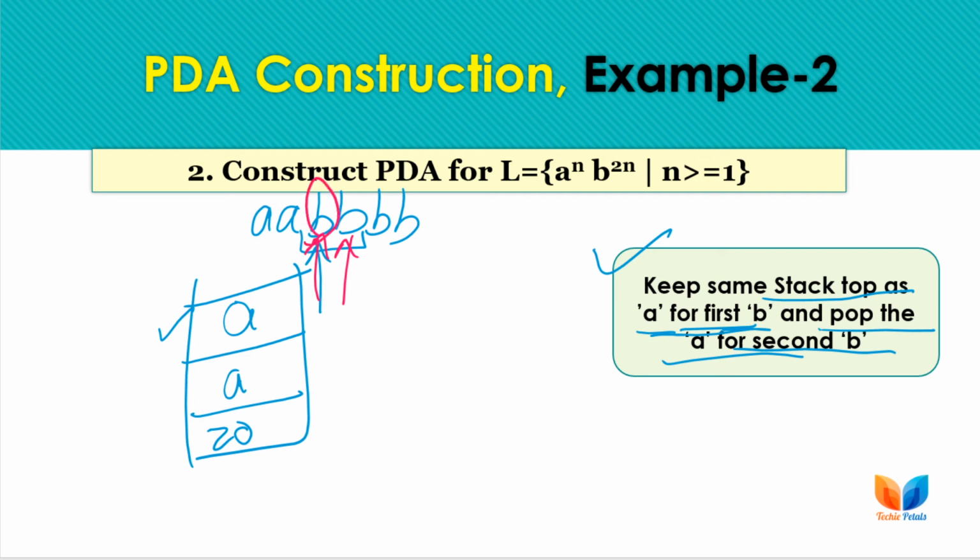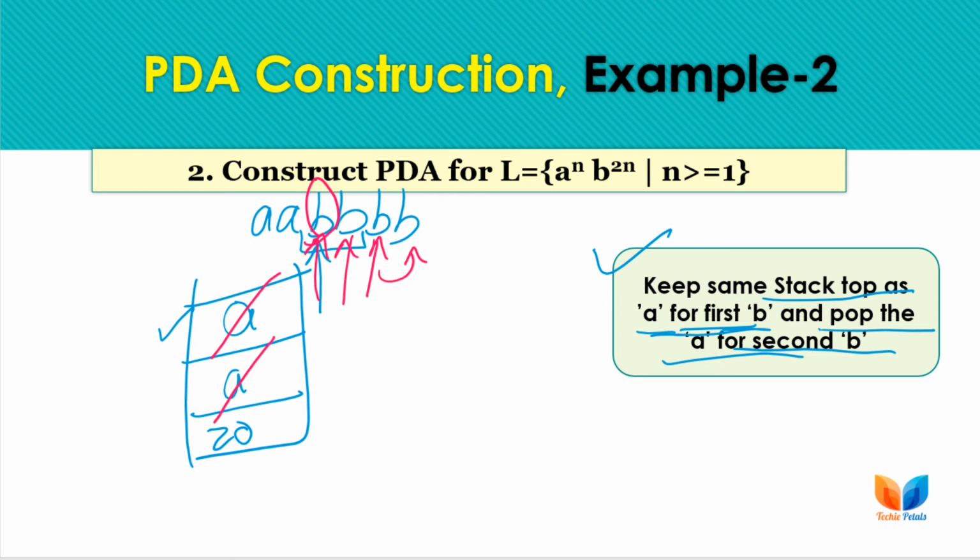Just read the first B and move to the next symbol. For the next B we will be performing the pop operation, and the same we will be repeating for the third B.